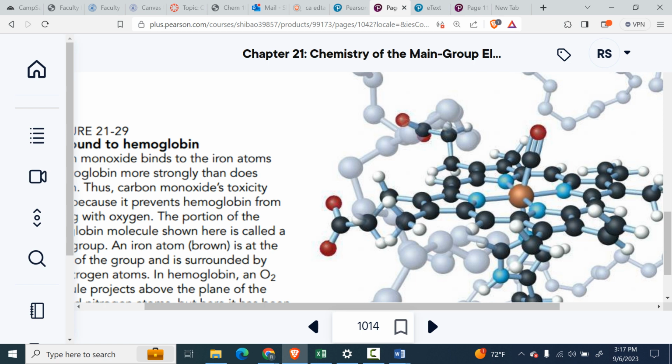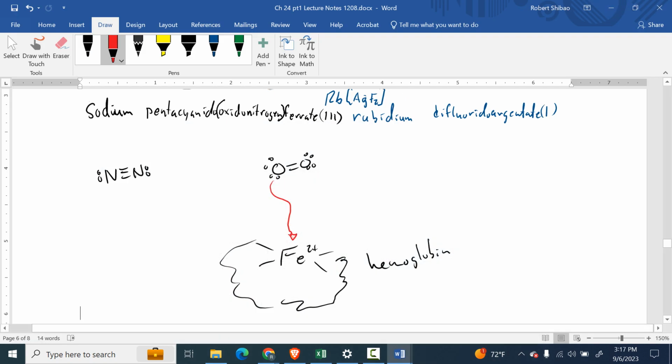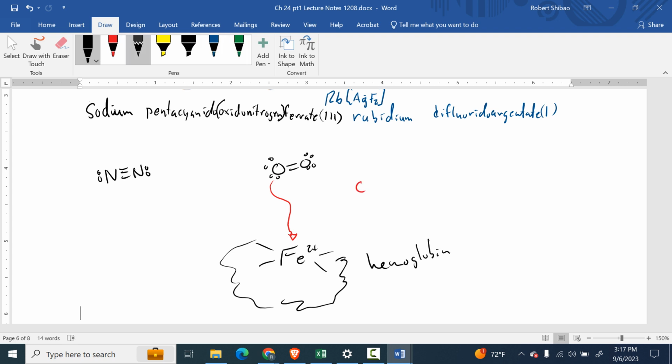What's another name for carbonyl? Carbon monoxide. And carbon monoxide is an excellent ligand. In fact, if there's a competition between O2 and carbon monoxide, do you know who would win? Carbon monoxide is clearly the winner. One of the reasons is take a look at the formal charges. Can you tell me what the formal charge on carbon is?